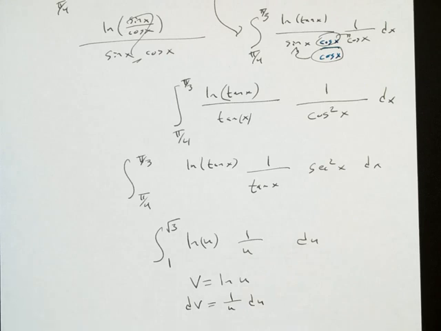I would never have seen that from the beginning of this problem. But by seeing ln of tangent and seeing the inside and outside, that leads me to this where I see an inside and outside, but it's thing and d thing.